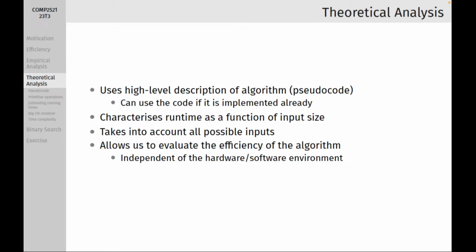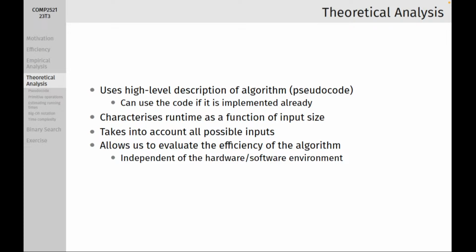Okay, so the next thing we want to talk about is the other analysis method, which is theoretical analysis. In theoretical analysis, we're counting the number of operations performed by the algorithm. Because we're just analyzing the algorithm itself, we don't necessarily need to implement it.